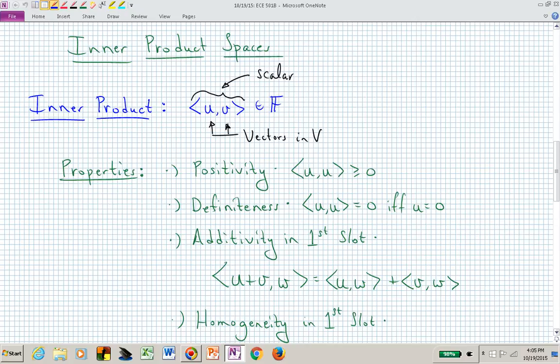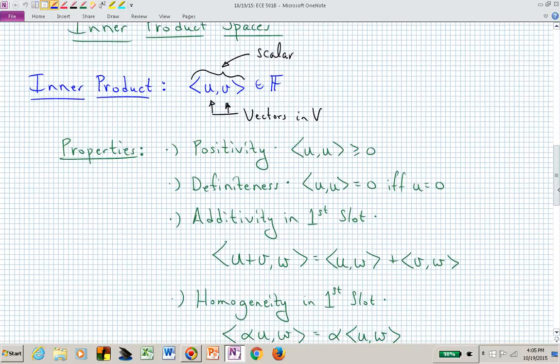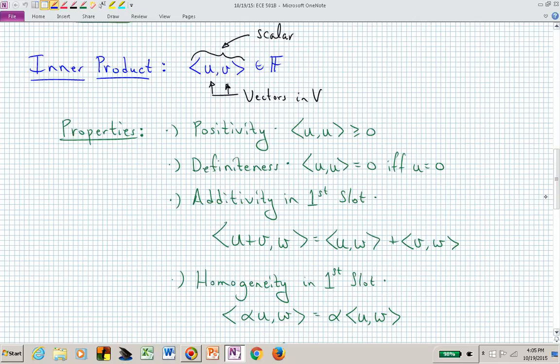One property was positivity, which realized that that positivity is with the same vector. The inner product can give you a negative number. But if you have the same vector in both slots, the inner product better give you a non-negative value. And the only time when you have a 0 value is when that vector itself is the 0 vector.